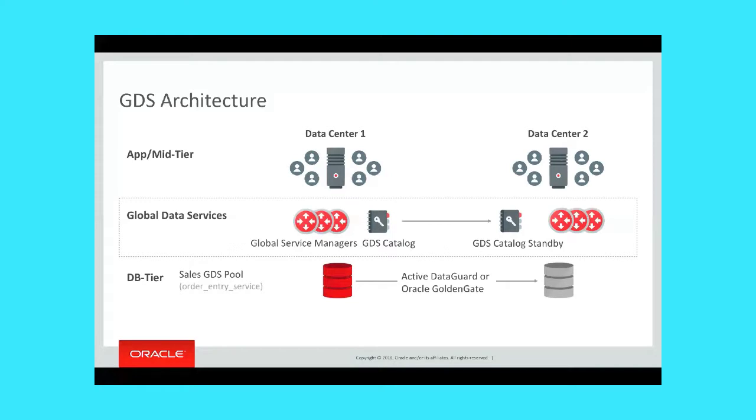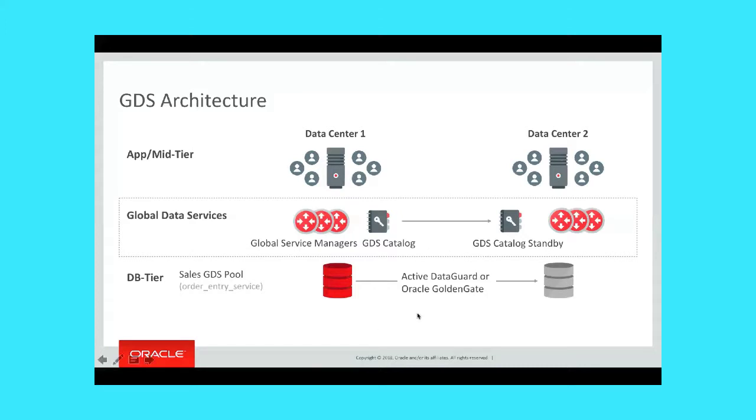We do the same thing, but now across databases. So I could have a 4-node RAC cluster here, and a 4-node RAC cluster here, and I can get real-time runtime load balancing across these instances from multiple databases. So connect time load balancing, runtime load balancing, and the other one is service failover. When a database crashes, GSMs recognize this and automatically fail over that service from one database to the other. Okay, and we'll talk about these use cases later on as well.